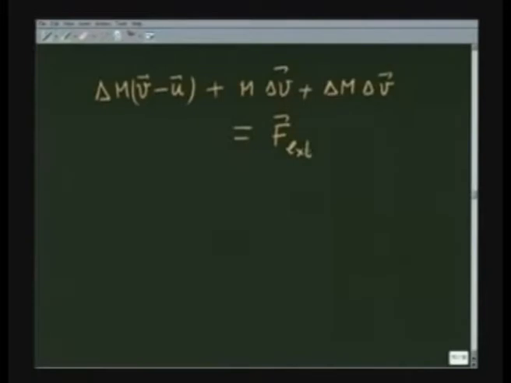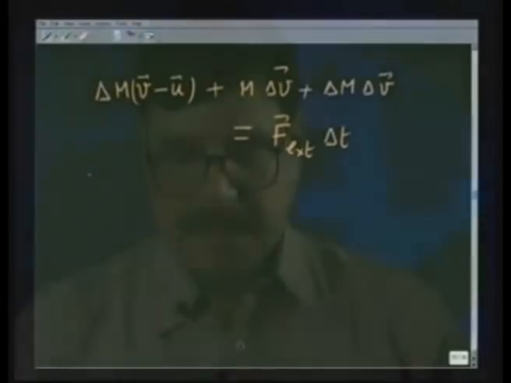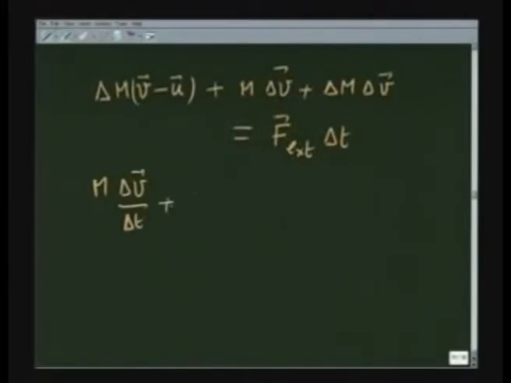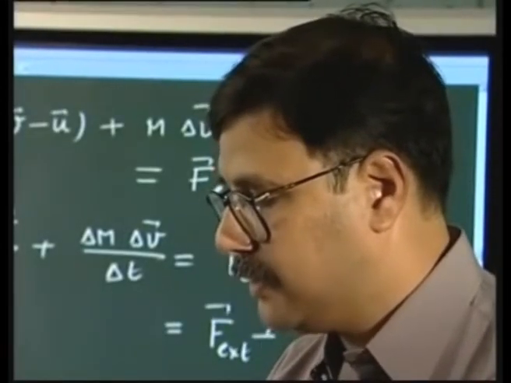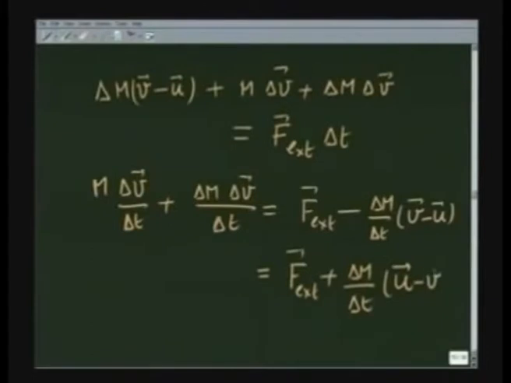F external delta t, and therefore I have m delta v over delta t plus delta m delta v over delta t equal to F external minus delta m over delta t (v minus u), which I am going to rewrite as F external plus delta m over delta t (u minus v).